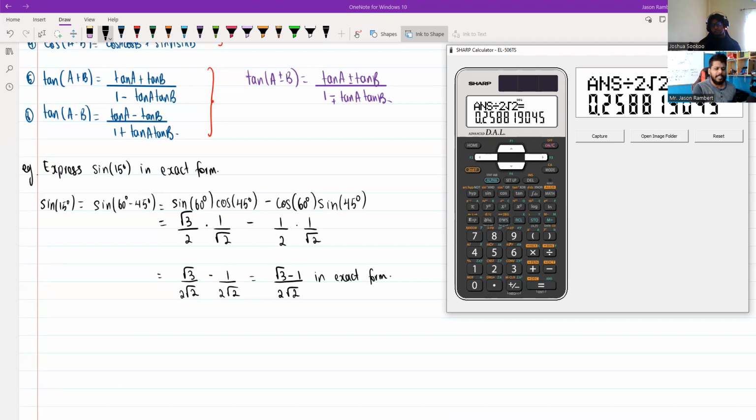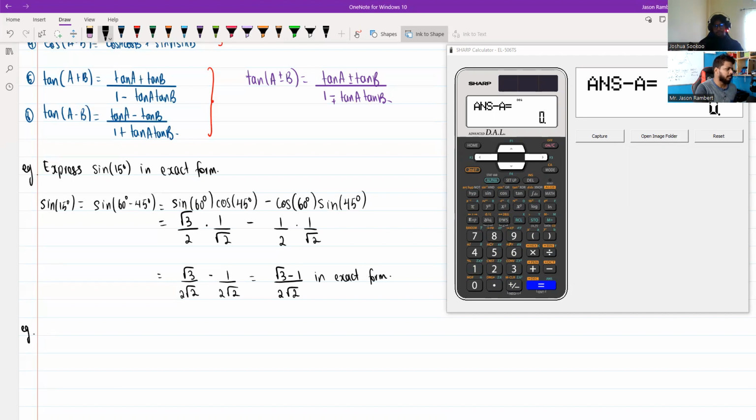If I take it away from essentially sine of 15 degrees, if both of these values are the exact same number, I should get 0. I get 0. Which means that root 3 minus 1 over 2 root 2 is indeed sine of 15 degrees. All right, let's do another one.